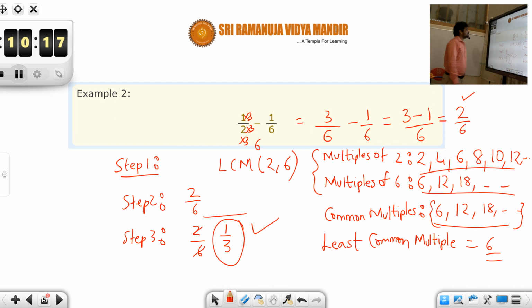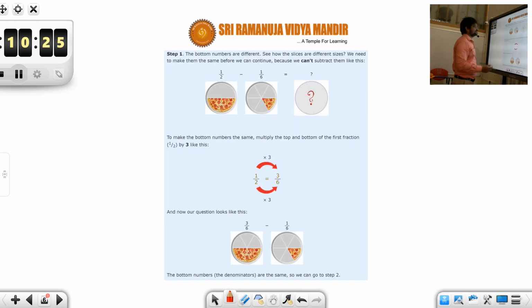Okay students, let's look at another example. Let's look at the previous question pictorially. Say we are given 1 by 2, half of the pizza, and we are asked to subtract 1/6 of the pizza. Divide the whole pizza into 2 parts. Now suppose this is the whole pizza, and out of that only half is left.